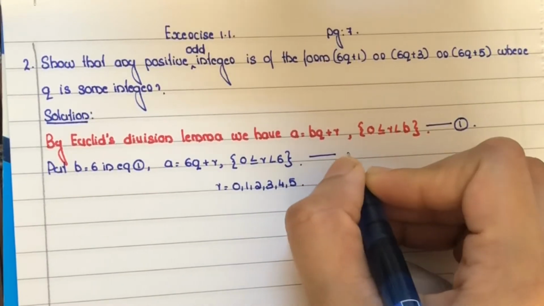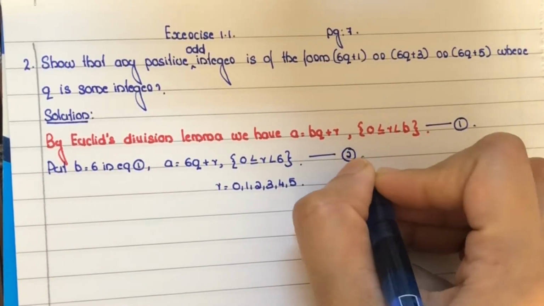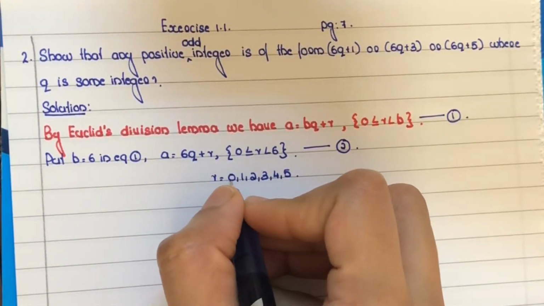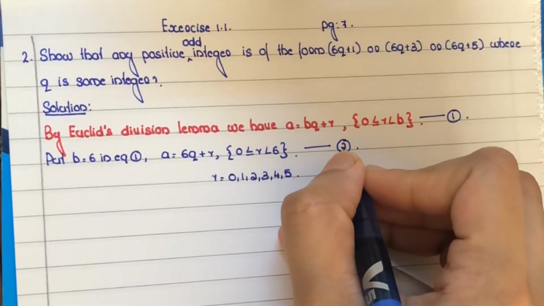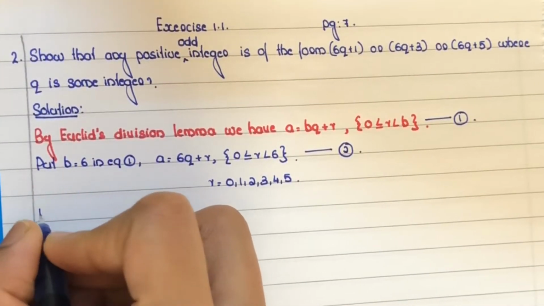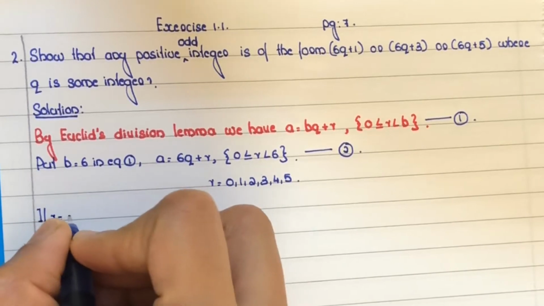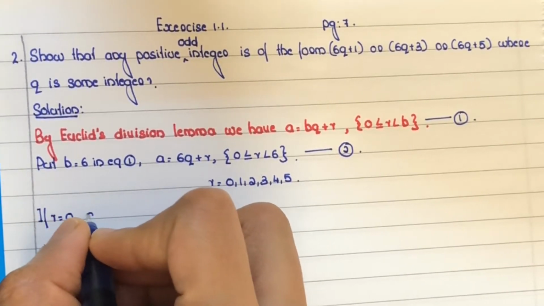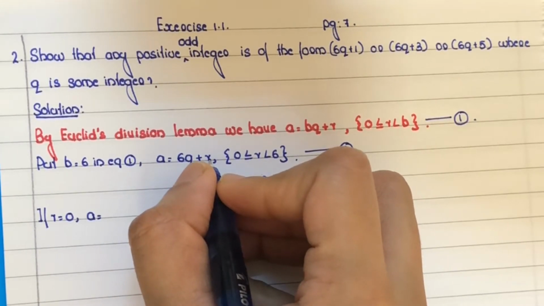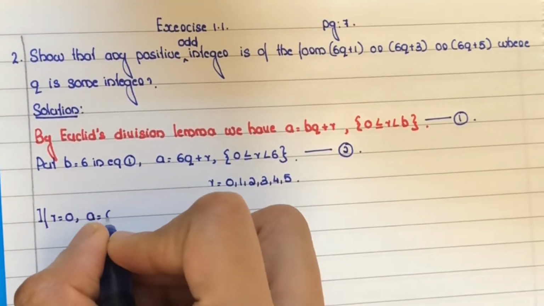Now consider this as equation number 2. Next, substitute r is equal to 0 in equation 2. That is, if r is equal to 0, then a equal to 6q plus r, which is 6q plus 0.